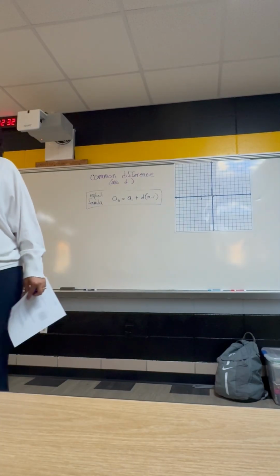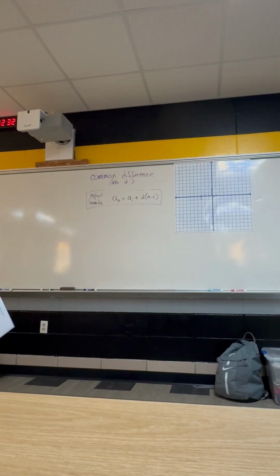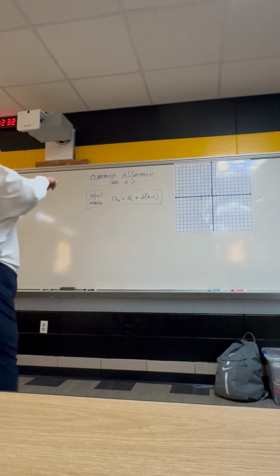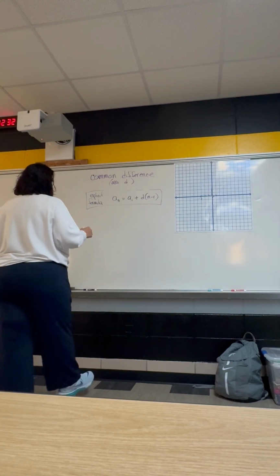And that has to be a constant, adding 2 or subtracting 2, adding 3 or subtracting 3, adding 1/4 or subtracting 1/4. It's got to be the same from one number to the next.